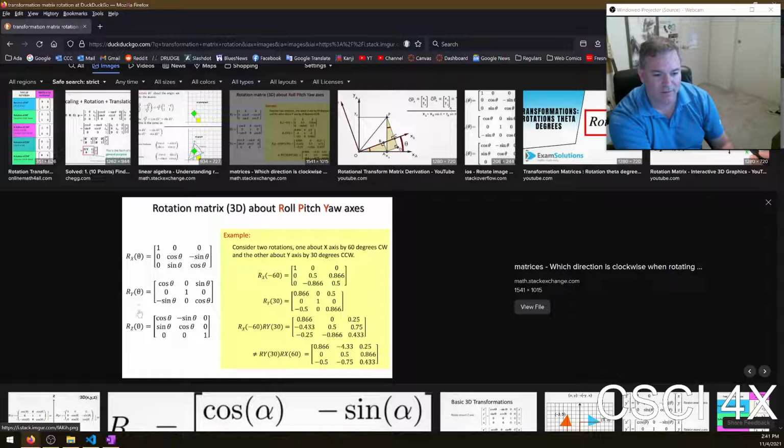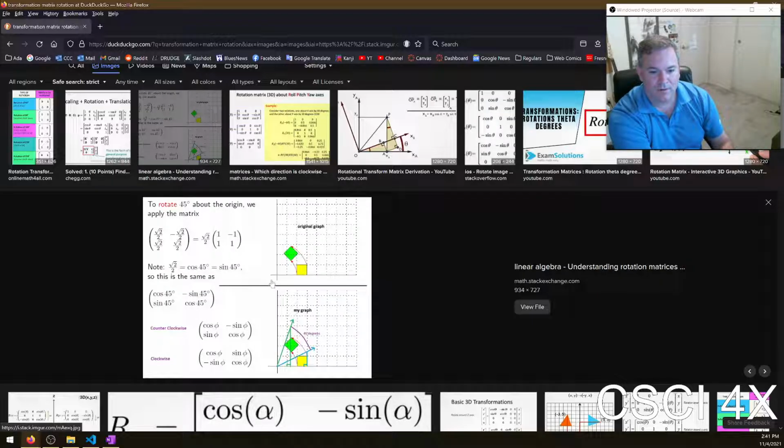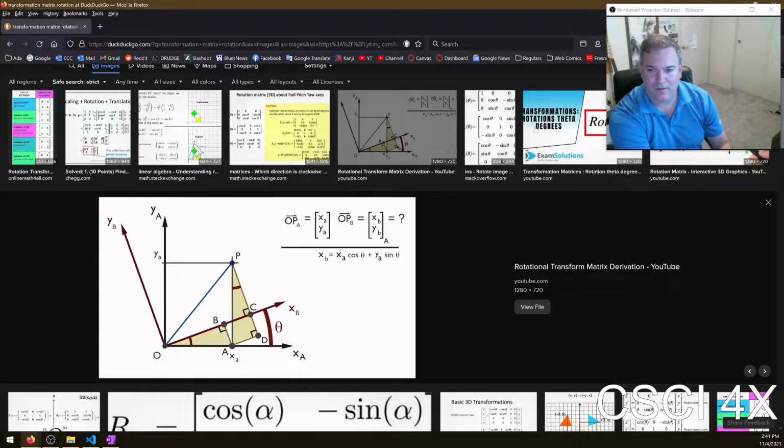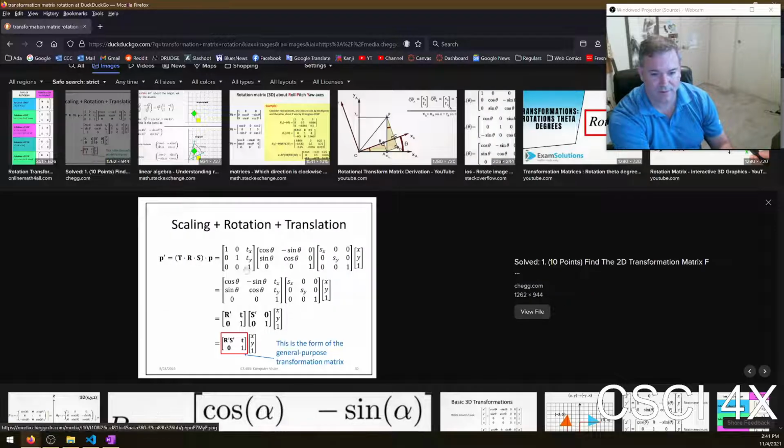Rotate around X, rotate around Y, rotate around Z. This would be a rotation around the Z-axis. You can think of the Z-axis as coming out of the screen. I think we'll do that one, it's easier to draw. So the rotation around Z is just the 2D rotation. See that? That's the 2D rotation.